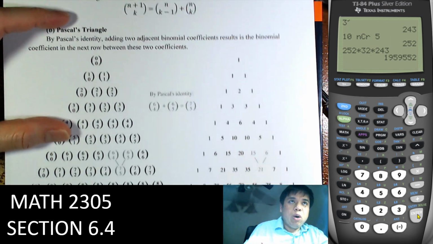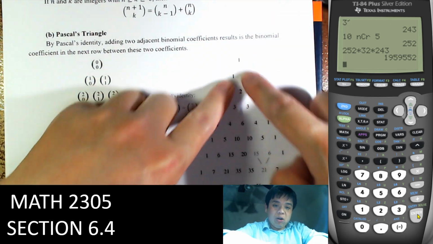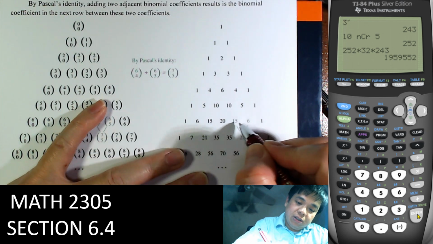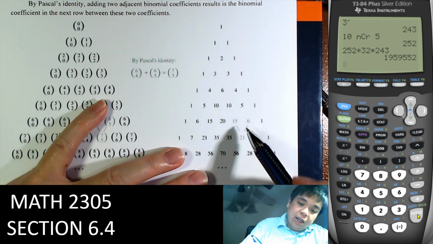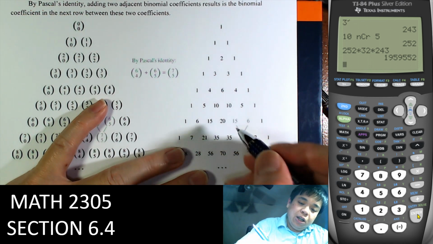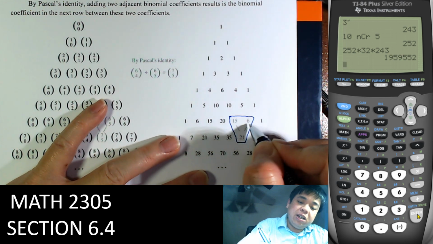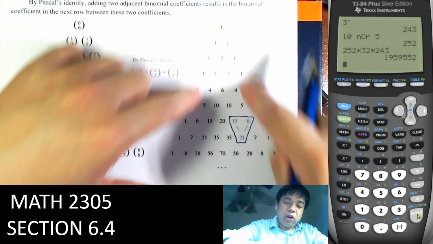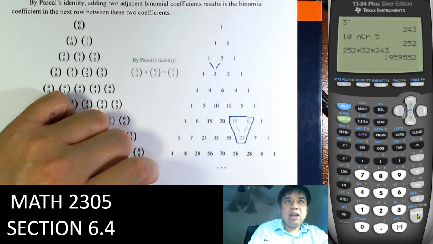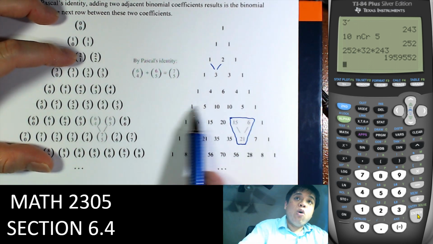So essentially, we have a triangle where we have 1 on the edge, and any particular number is equal to the two numbers above it added together. So to get 21, we add the 2 numbers above it, 15 and 6, which gives 21. We have 1 on the edge, and every number below is equal to the numbers above it added together. So this is Pascal's triangle.